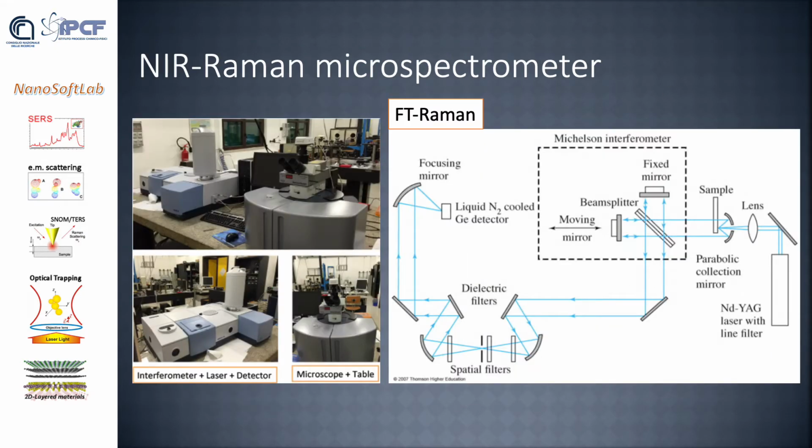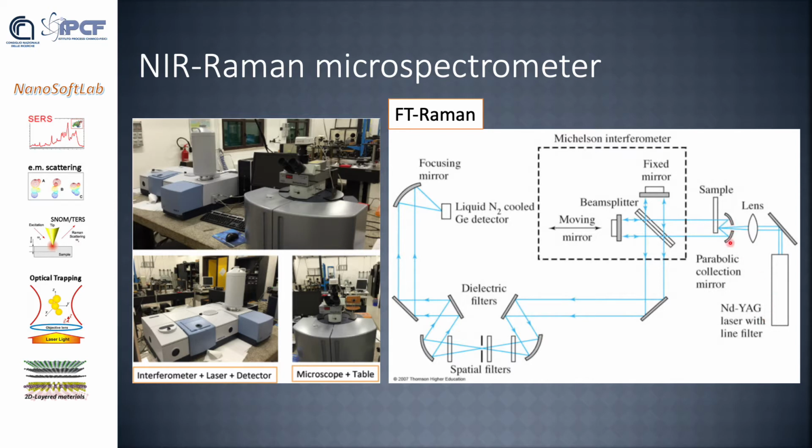Raman spectroscopy in the near infrared is typically performed using a peculiar schematic for detection, that is Fourier transform. It is basically similar to what is done in infrared spectroscopy, but here we excite the sample through a lens or through a microscope objective with the neodymium-YAG laser, typically emitting at 1064 nanometers.